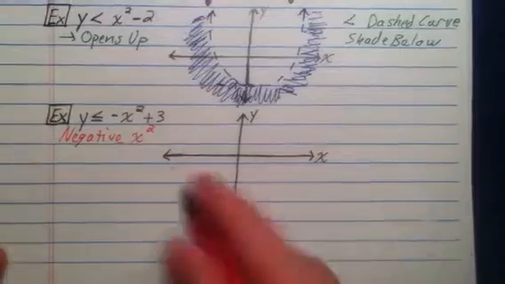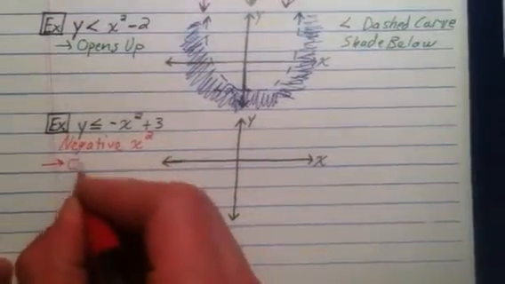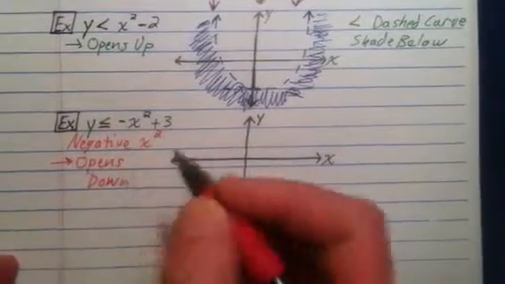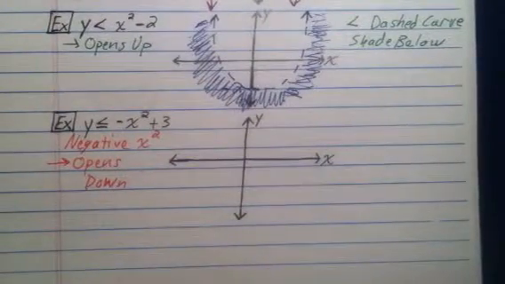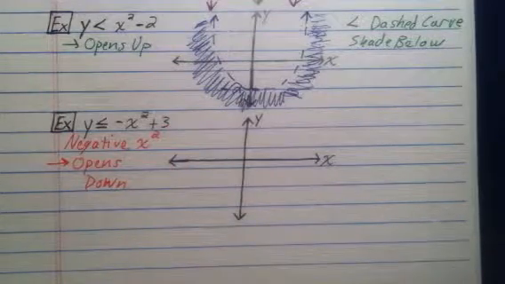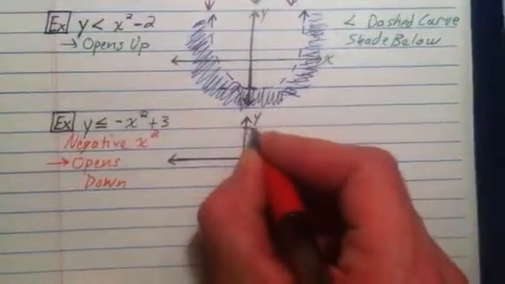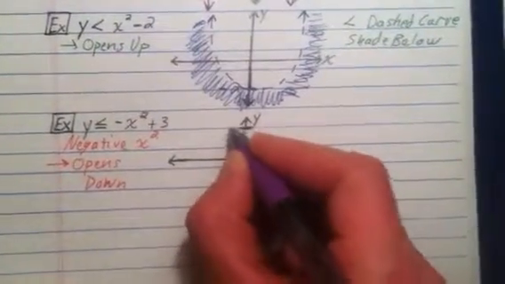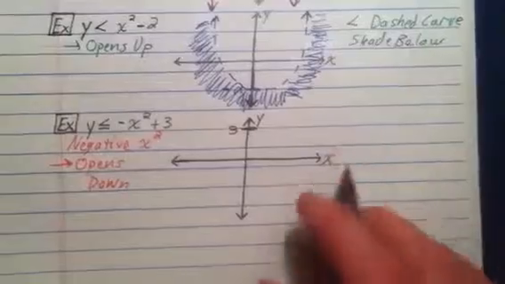So that tells us we are going to have a parabola that opens down. Okay. And positive 3 is going to be the y-intercept of that parabola. So positive 3 up here on the y-axis at 3 is where it's going to hit through.